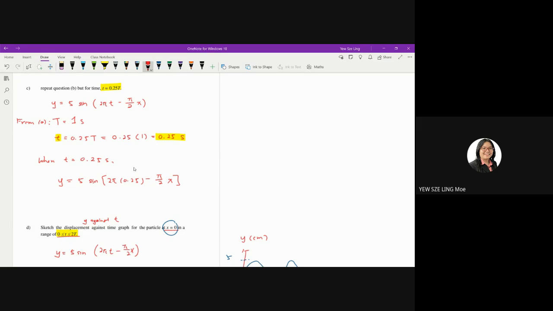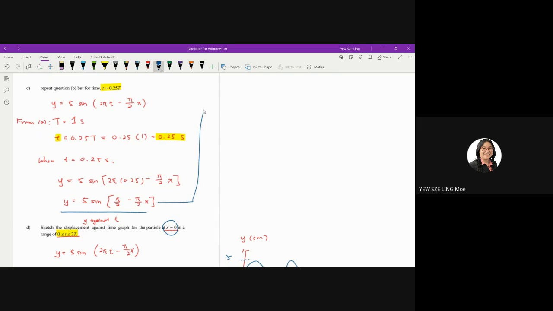If you simplify this equation, you will get y equals 5 sine (pi over 2 minus pi over 2 x). Now, we cannot leave the equation like this. We need to rearrange the equation.